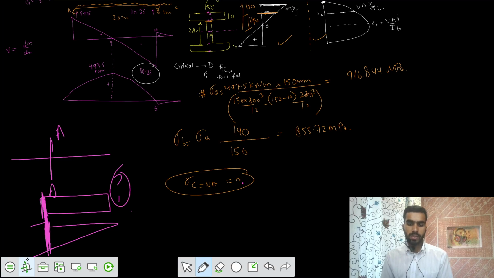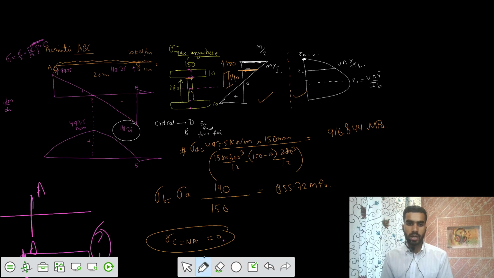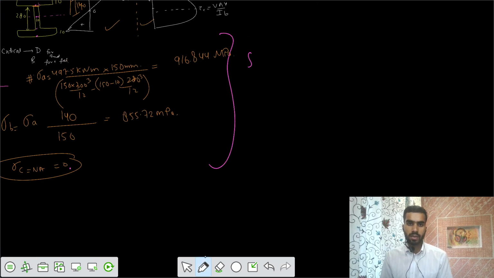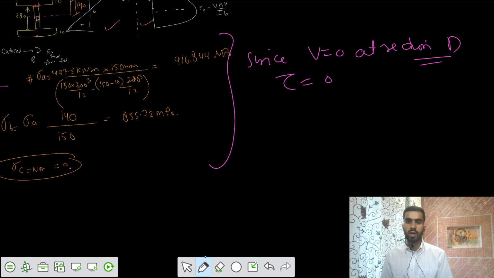In this case, once you take the critical condition for bending moment, you have to take that same section of the beam, with points A, B, C, D, E, and the same shear force at that section. Shear force at that section D is 0, so your tau is 0 at all points, because tau is equal to VA y bar by IT.